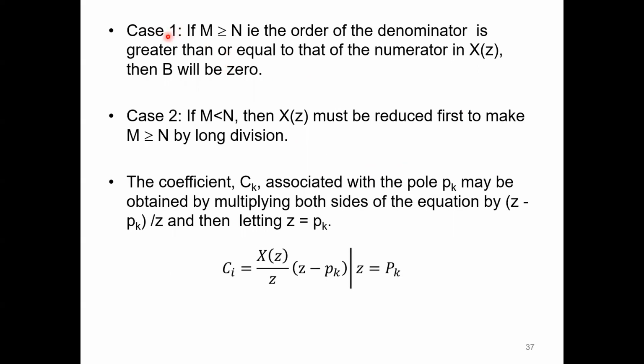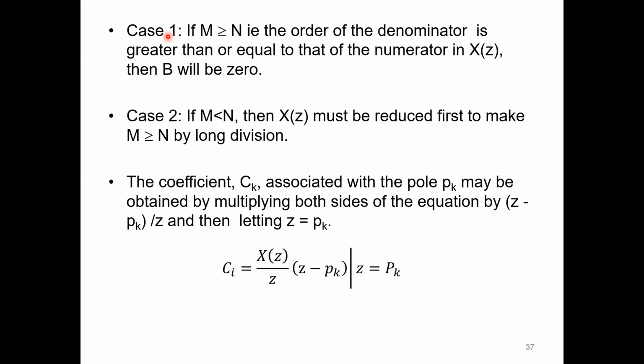which satisfies case 1. Case 1 is where you have a polynomial where the denominator is equal or greater than, in order, the numerator polynomial. So if you have a rational polynomial which has a higher order numerator and lower order denominator, you have to do the long division first.